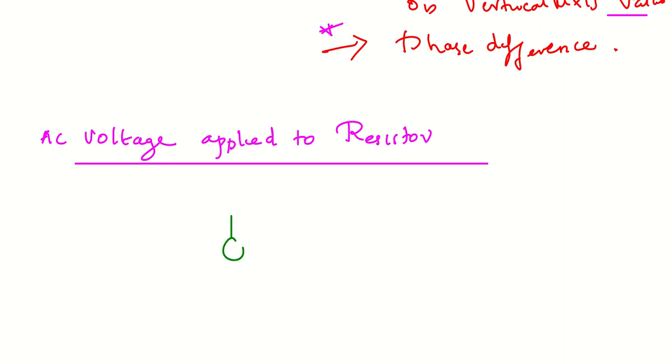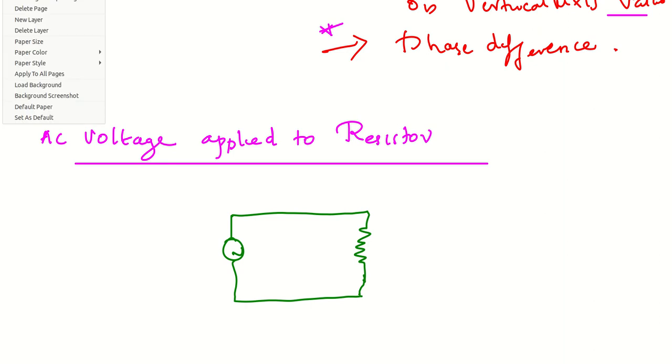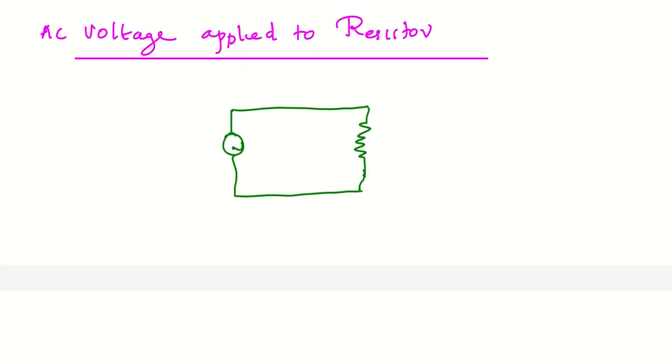Here the AC voltage is represented. You know the representation, and we are considering that the AC voltage is applied to the resistor. So here we are considering a resistor. So this is the figure.